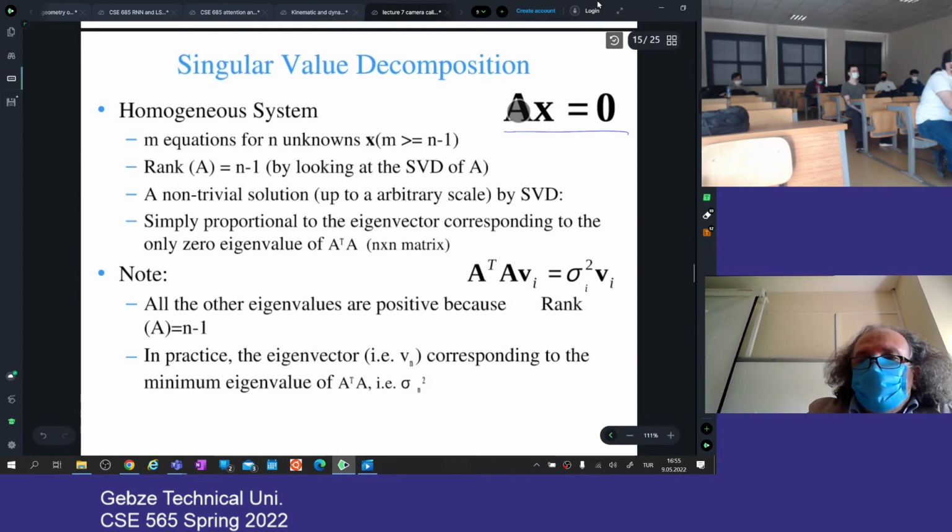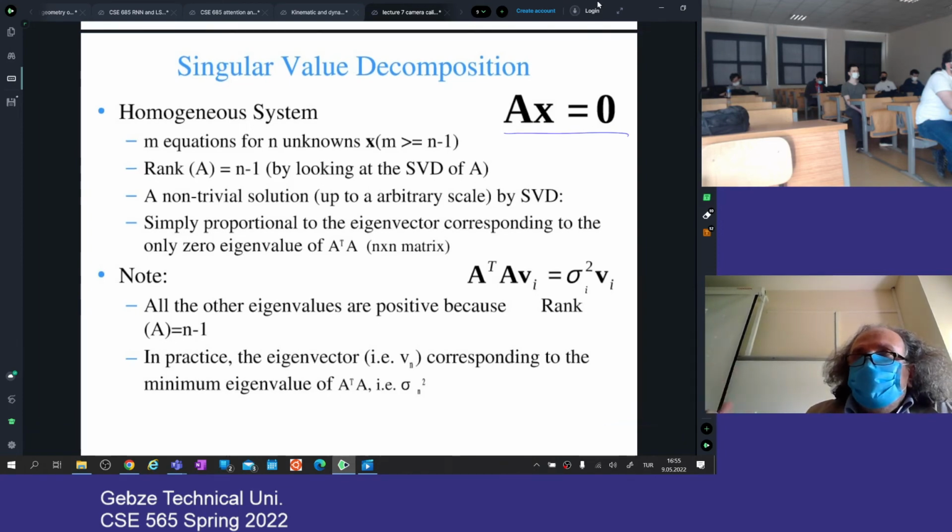So, singular value decomposition of A. Take the V matrix, the last column will be your non-trivial solution. Of course, this A has to be rank n minus 1. If it is not, force it to be. Otherwise, just look at your data. And then this will be your solution. That's it.